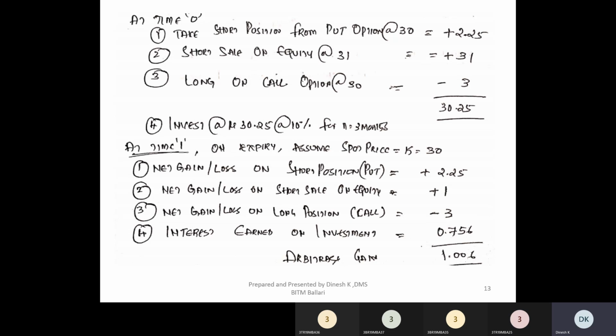You are taking a short position on a put option, right? So you have entered a contract with whom? Who is the other party with whom you are entering into the contract here? The put seller has entered into the contract with whom?